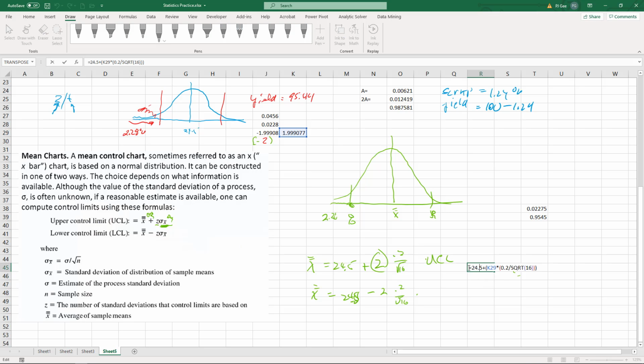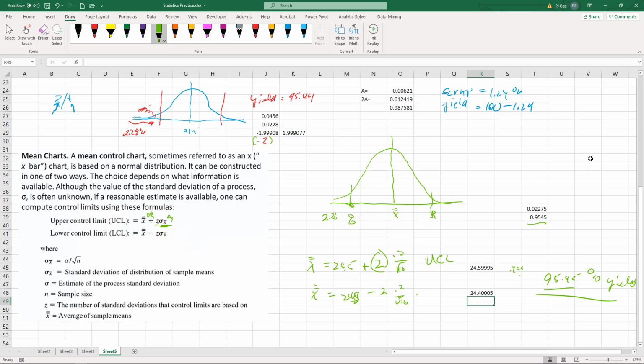Then I'm going to text copy this. I double clicked in there, Control C, hit escape, and I'm going to drop this down. It's the same equation, only we need to subtract. Put this minus sign, and we subtract. So those are the control limits associated with a 95.4445% yield. There you go.